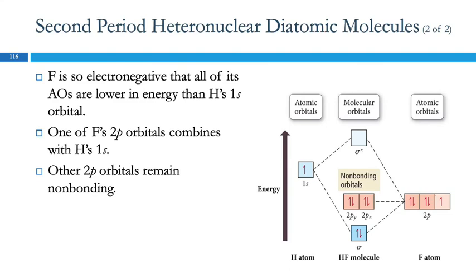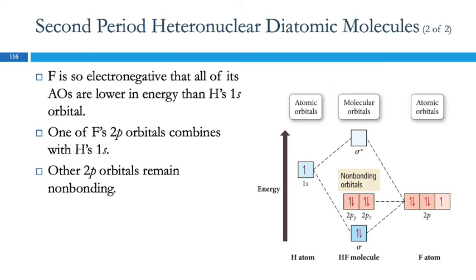This is kind of weird. Fluorine is so electronegative that all of its orbitals are lower in energy than hydrogen's 1s atomic orbital. So fluorine has electrons in the 2p sublevel, but those are lower in energy than hydrogen's 1s electron.